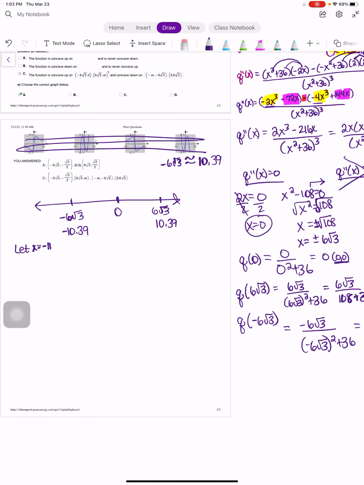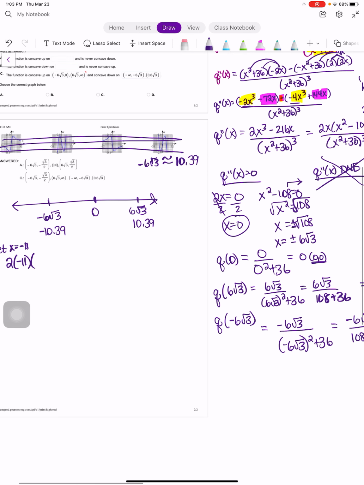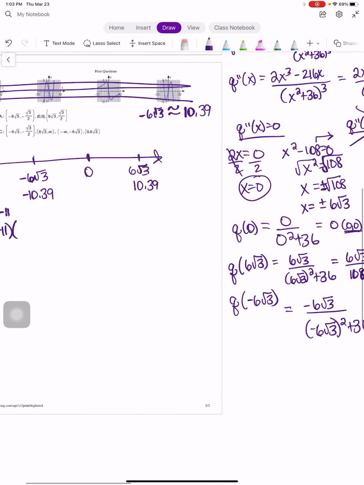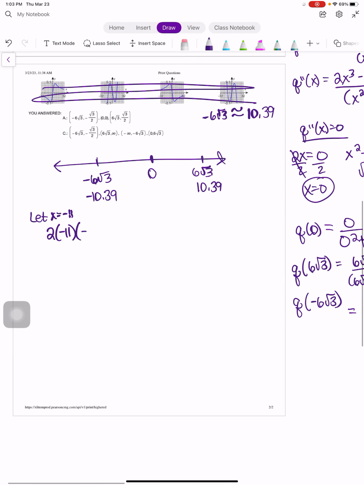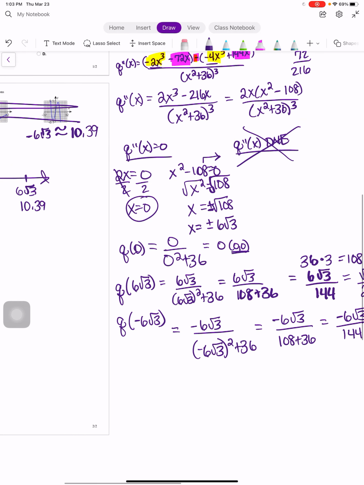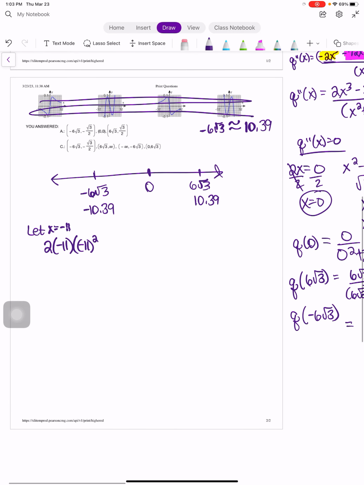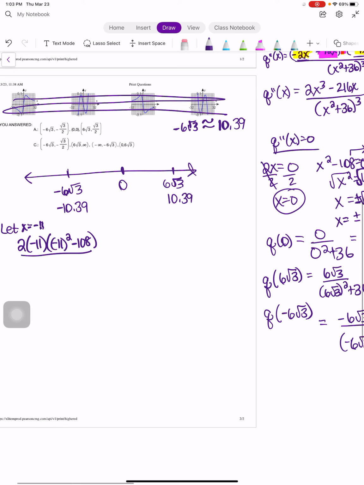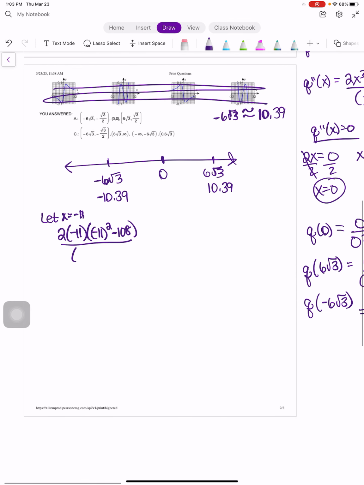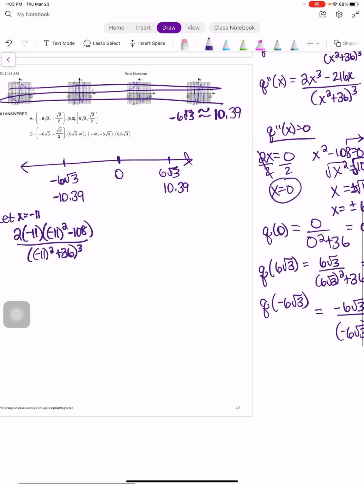Okay, so it is 2x times x squared minus 108, divided by x squared plus 36, all cubed, I think. So 2 times negative 11, times negative 11 squared minus 108, divided by negative 11 squared plus 36 all cubed.